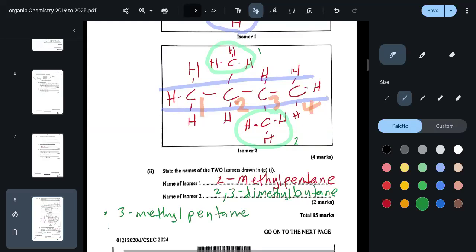And we could also have 2,2-dimethyl butane.